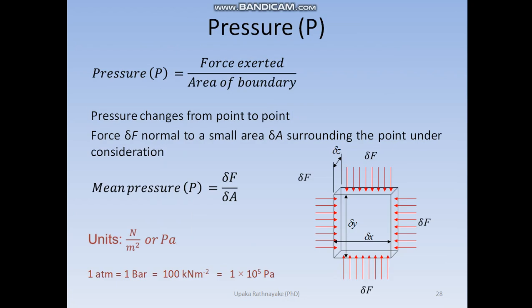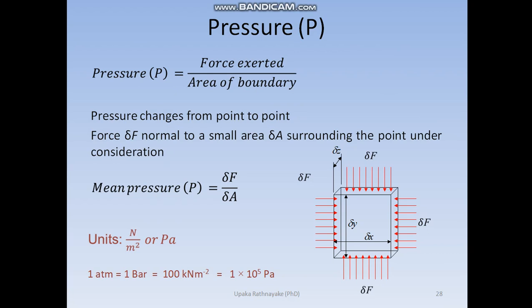What is pressure? Pressure, usually denoted by P, is equal to the force exerted divided by the area of boundary perpendicular to the force. Therefore, the unit of pressure is newtons per square meter or pascals.